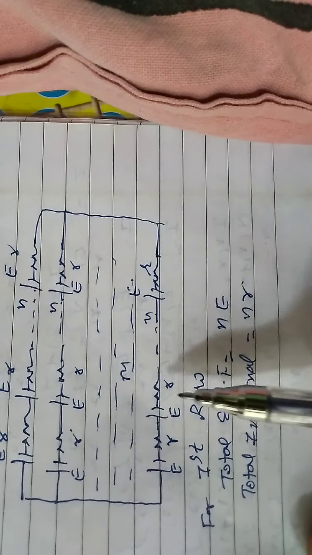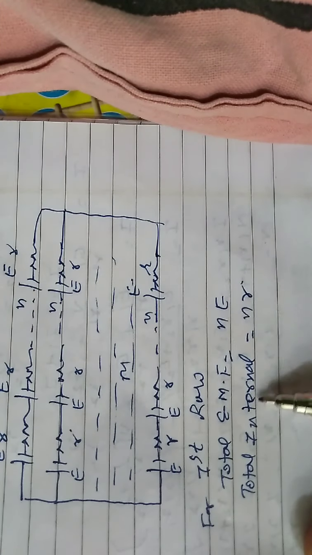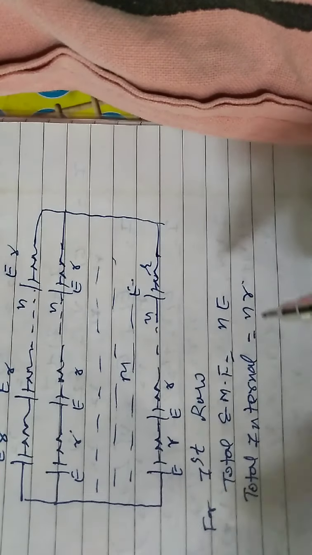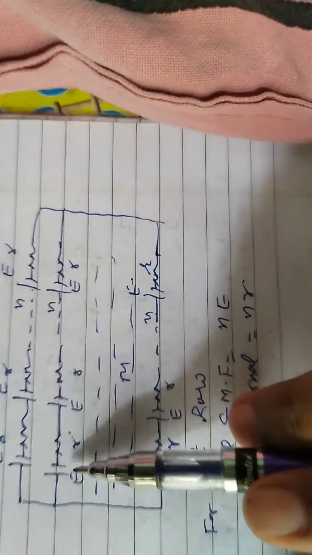For the first row, total EMF is N into E, total internal resistance is N into R. Similarly, for the second row, total EMF is NE and total internal resistance is N into R. And for the last row, total EMF is NE and total internal resistance is N into R.